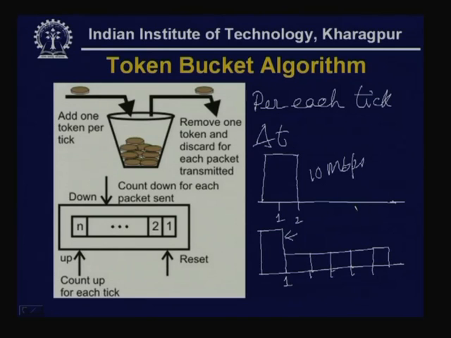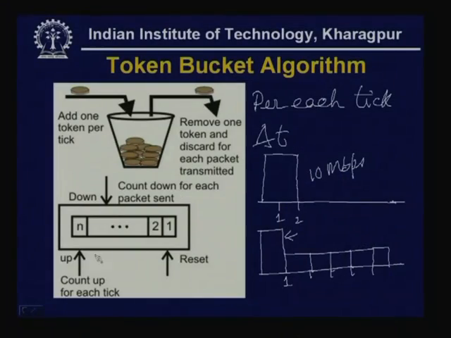Both this leaky bucket and token bucket algorithm can be implemented by the operating system or by a network interface card which is connected to the network. It is implemented with the help of a counter which is initialized to 0 in the beginning, and then per each tick the counter is incremented. On the other hand, whenever a packet is sent, the counter is decremented.